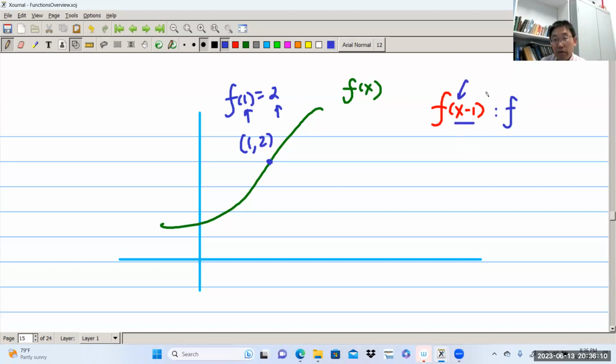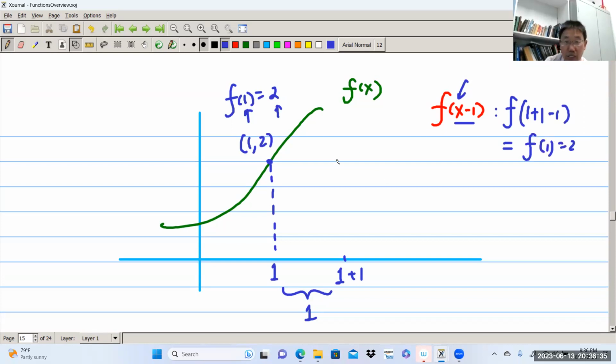if my x value is 1 plus 1, I add 1 unit to this coordinate. This distance here is 1. Then you use 1 plus 1 as the input for x. So it's f of 1 plus 1 minus 1, which is equal to what? f of 1, which is equal to 2.